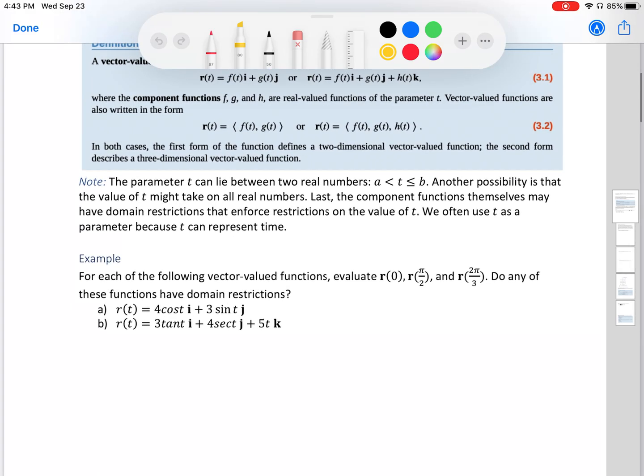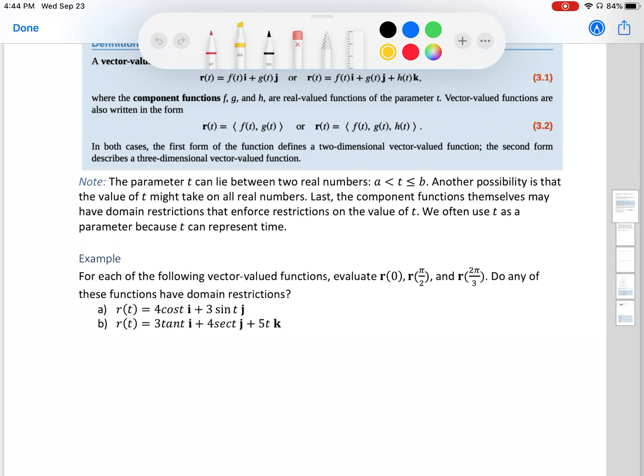Just a quick note, the parameter t can lie between two real numbers, whatever it's bounded by. Another possibility is that t might take on all real numbers. Last, the component functions themselves may have domain restrictions that enforce restrictions on the value of t. We often use t as a parameter because t can represent time.